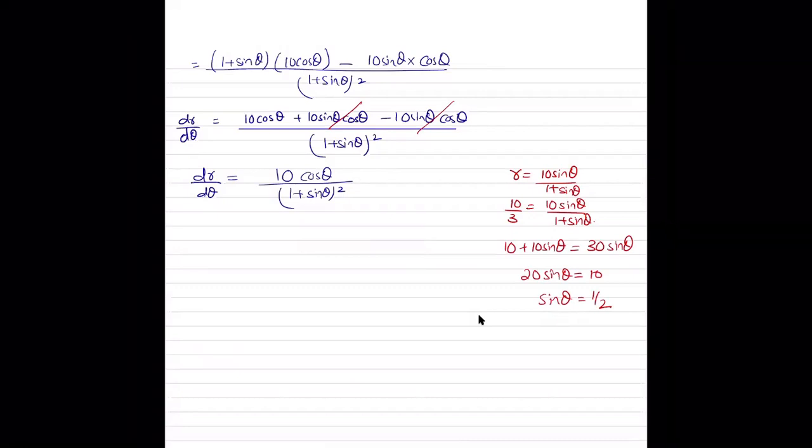Also, if sine theta is 1 upon 2, what is the value of cos theta? I want you to find me the exact value of cos theta without first finding the angle. How would you do that?